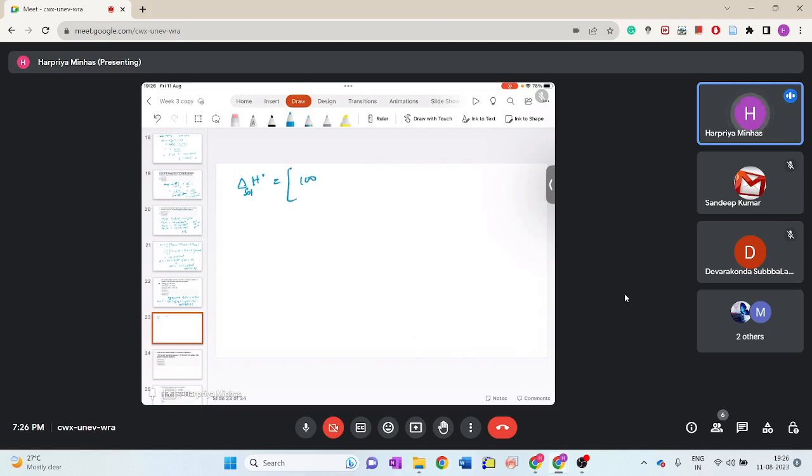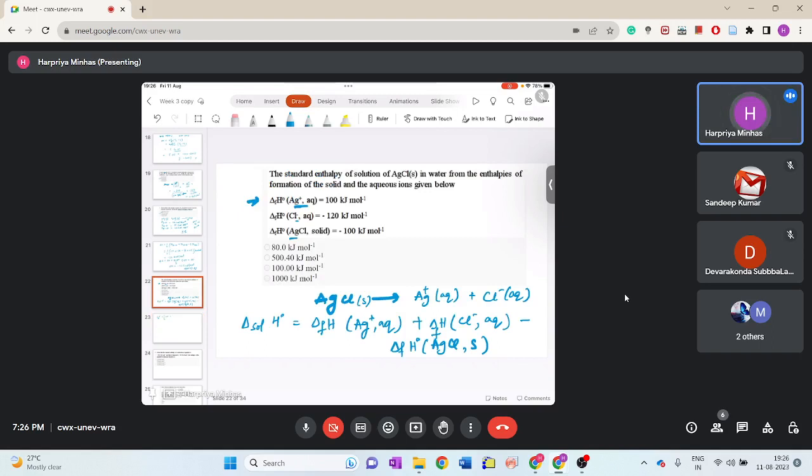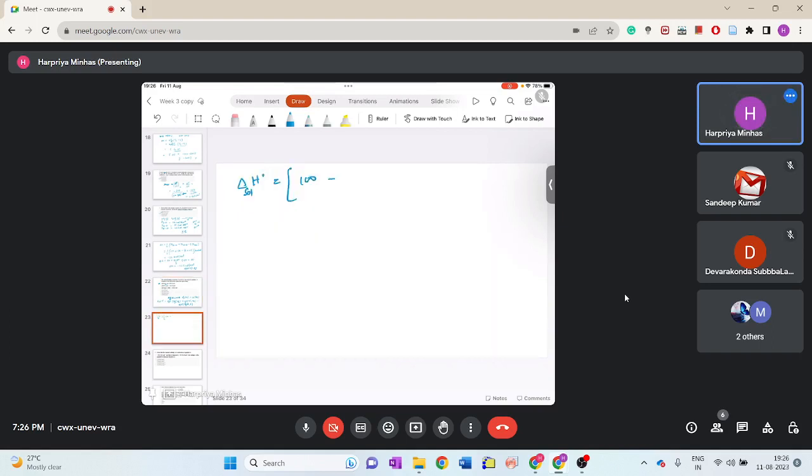So this is 100, then it's minus 120, and then subtracting your overall AgCl value, that is minus 100. So all the values are in kilojoule per mole. So this is an easy calculation.